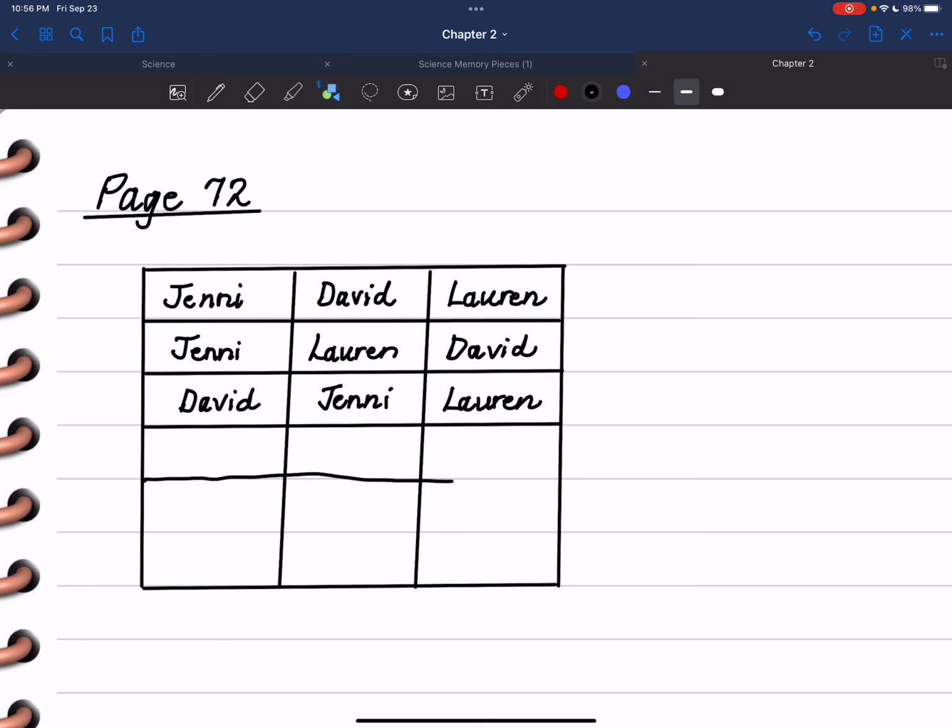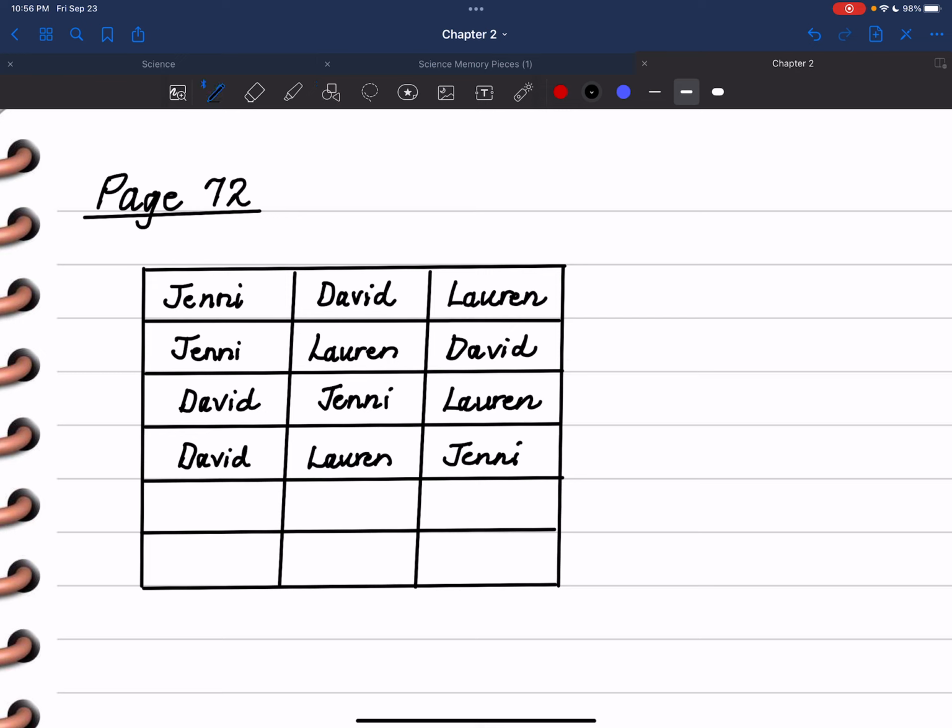Or we could have David in the first seat, and then Lauren, and then Jenny. Or we could have Lauren in the first seat, and then David, and then Jenny. Or Lauren in the first seat, Jenny in the next seat, and then David.